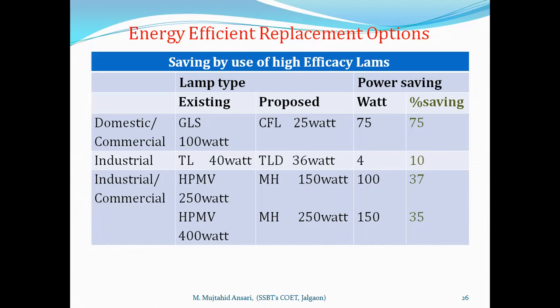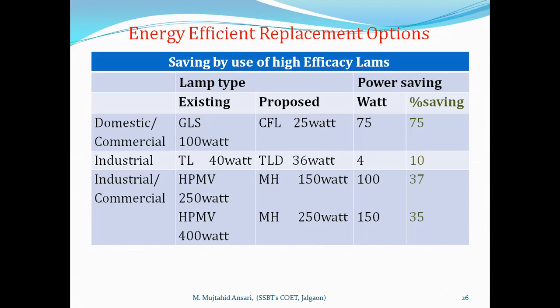For example, in an educational institute, a number of lights are tube light fittings, isn't it? If they are replaced by LED lights or by 36 watt tube lights, definitely the power consumption is reduced, and we will find a remarkable energy conservation in the lighting system. Because in an educational institute, the loads are lighting and fans.